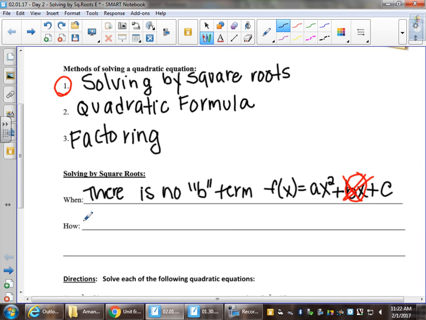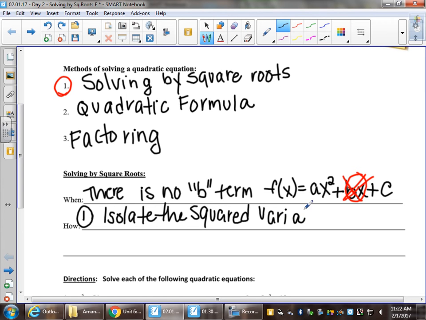How? There's 2 steps. First, isolate the squared variable term. What does isolate mean?